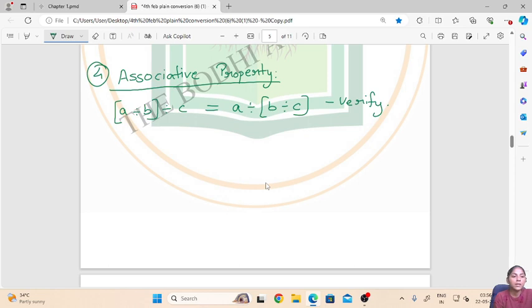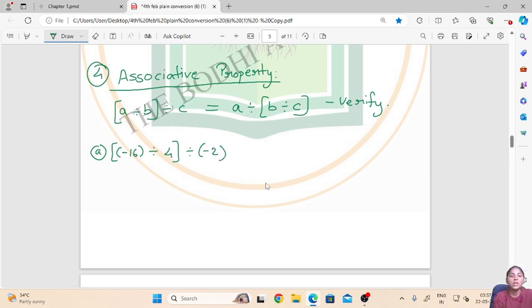Now let us take an example. We have -16 divided by 4, which is a divided by b, and this is again divided by -2.